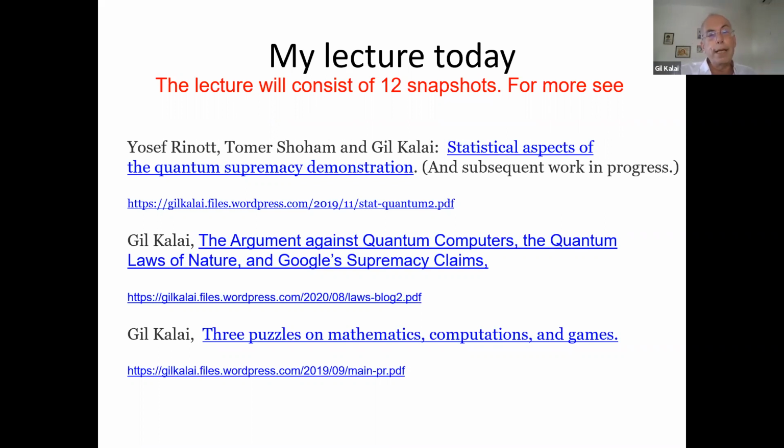The recent one also refers to the Google experiment, and the earlier one is from the proceedings of the 2018 International Congress of Mathematicians, and it is in a wider scope.